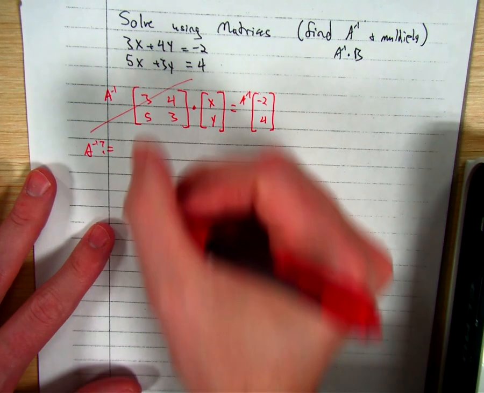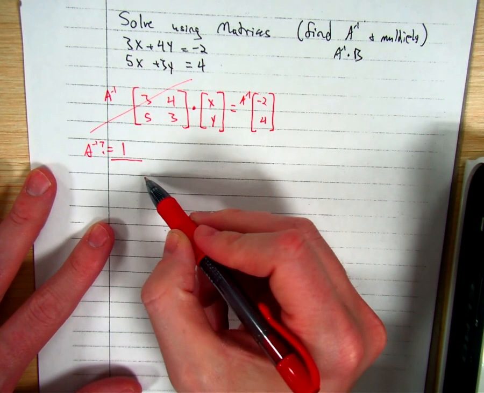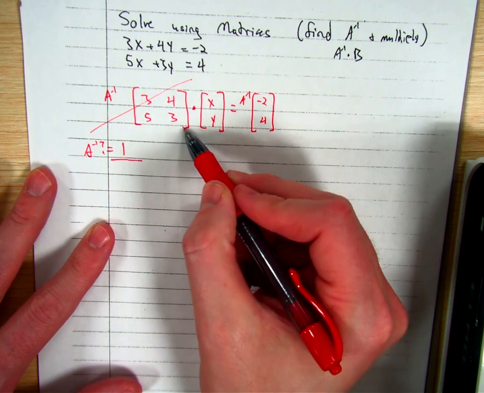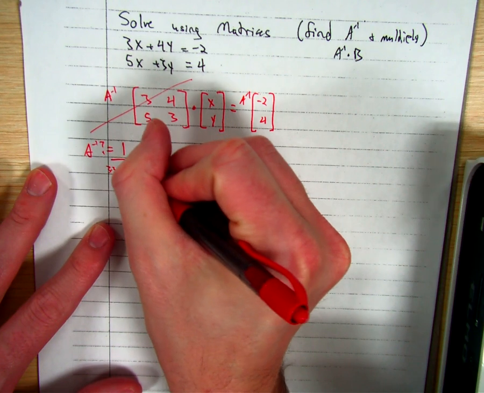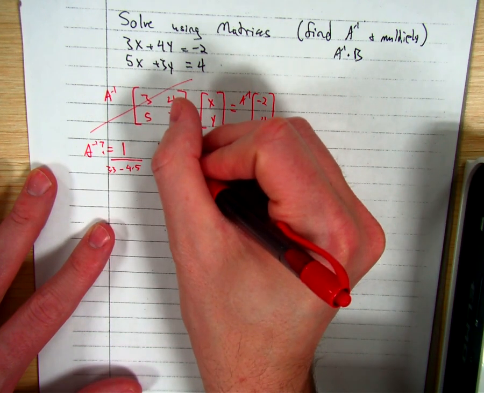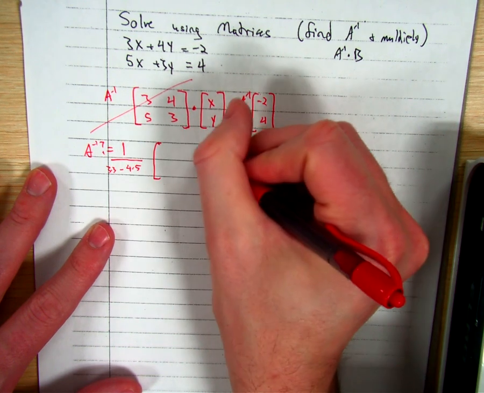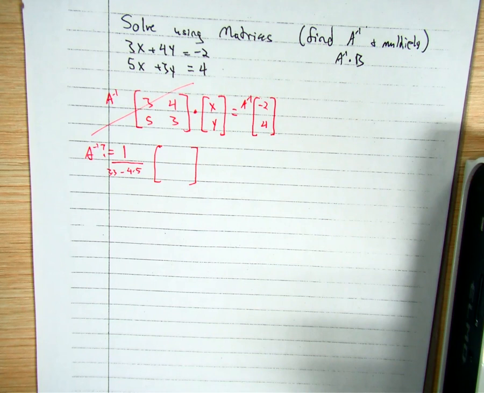Okay, so it's 1 over the difference of the diagonals. 3 times 3 minus 4 times 5. And we multiply all that times our matrix here that we're going to do stuff to. It's got a pattern to it.